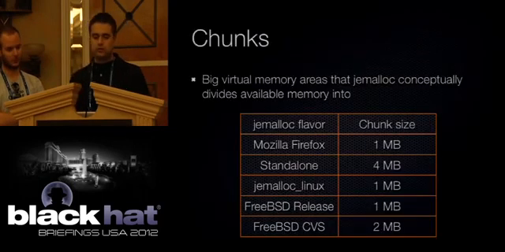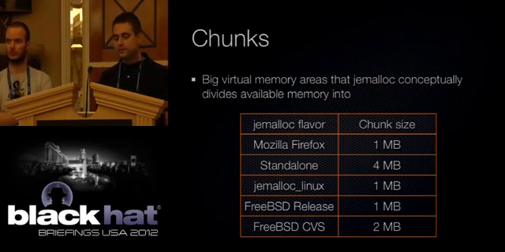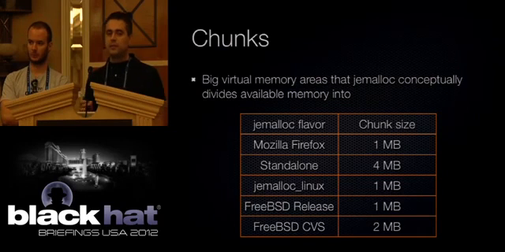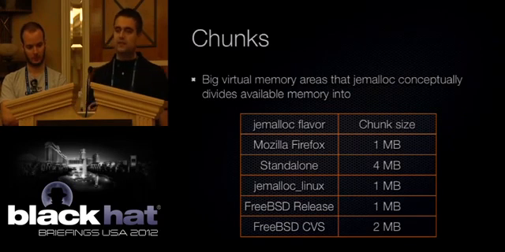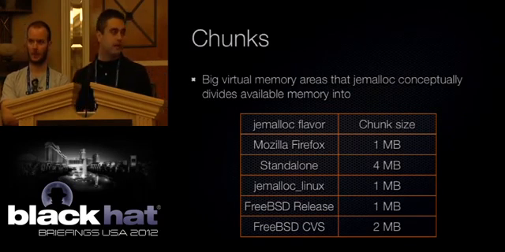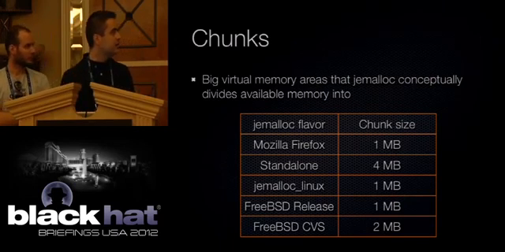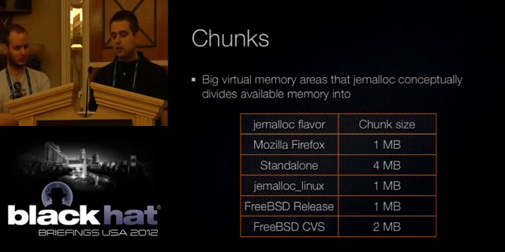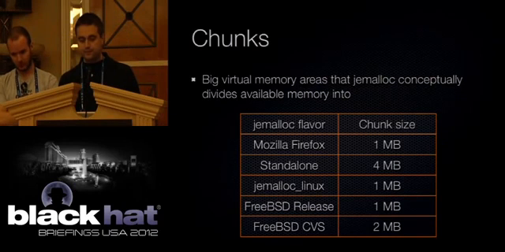Okay, so to go further into some more details, as I said, the chunk is the main data structure, and all available memory is conceptually divided into chunks. The size of the chunk is always the same, but it differs across the different gmalloc flavors. For example, on Firefox and on FreeBSD release, you have a chunk size of 1 megabyte, while in the standalone version of gmalloc, we have a chunk size of 4 megabytes.